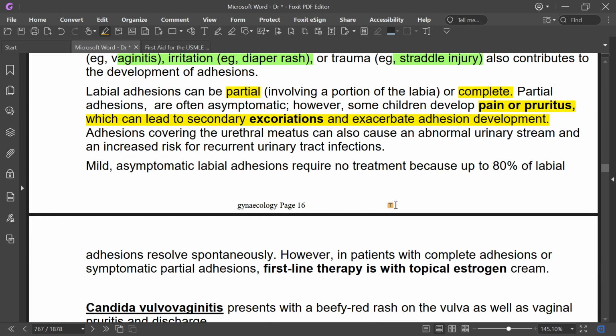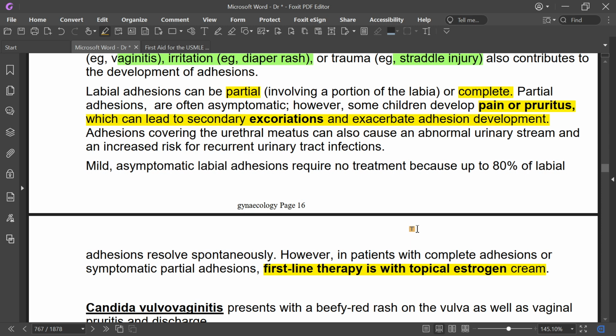Mild asymptomatic labial adhesion requires no treatment because up to 80% resolve spontaneously. However, in patients with complete adhesion or symptomatic partial adhesion, topical estrogen cream as first line is enough.